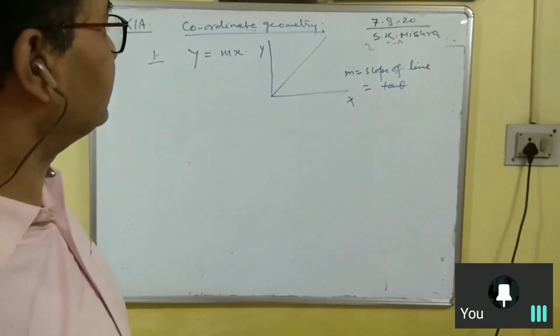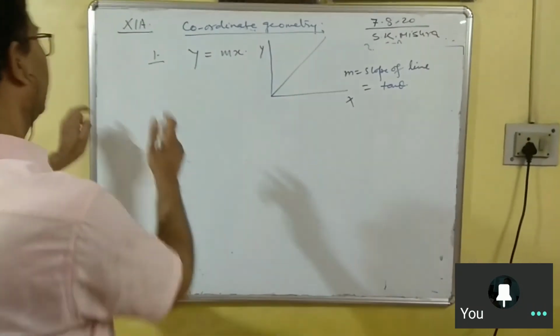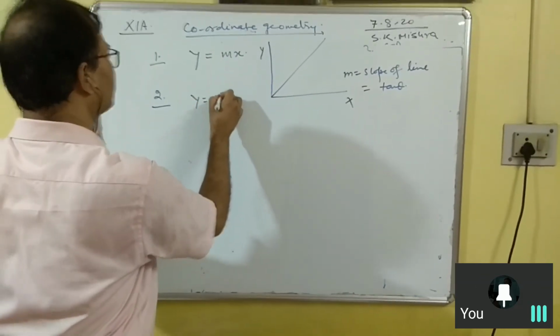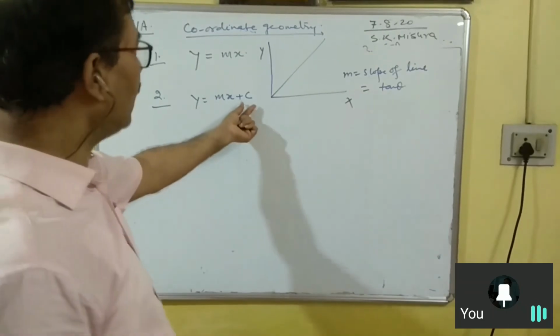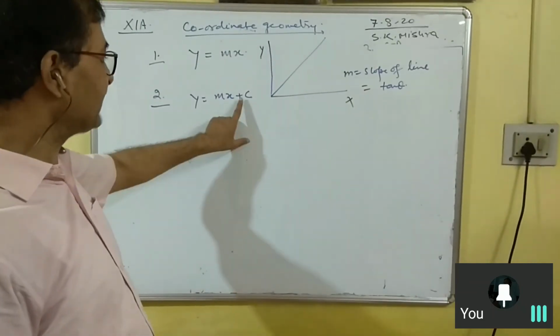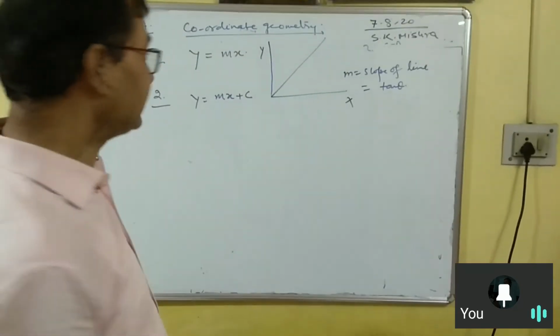So y is equal to mx, if it is only that. And if the equation in physics comes to be y is equal to mx plus c, then this part is called the intercept made on the positive y axis. If it is minus c, then it is the intercept made on the negative y-axis. So c is the intercept.